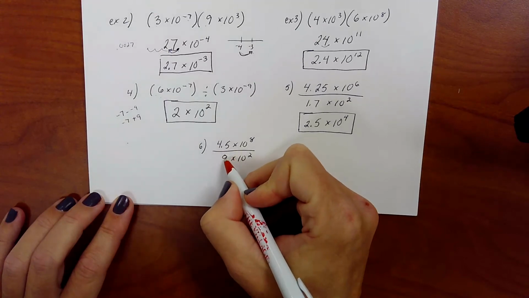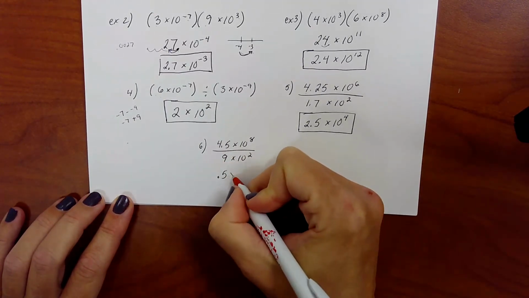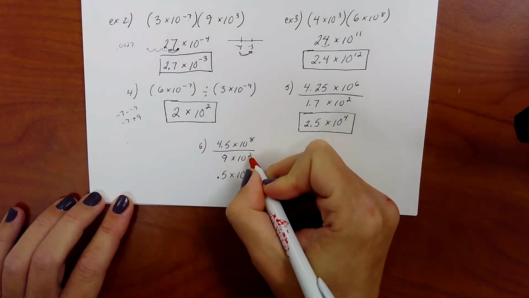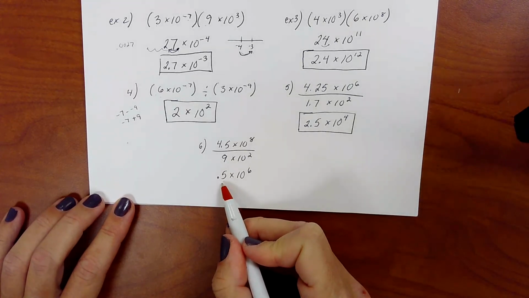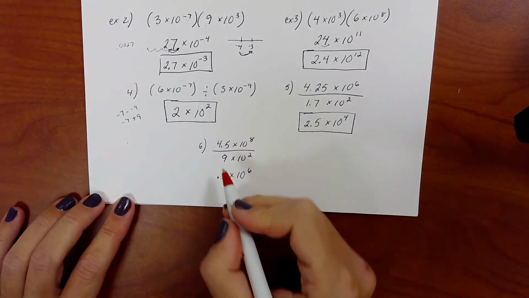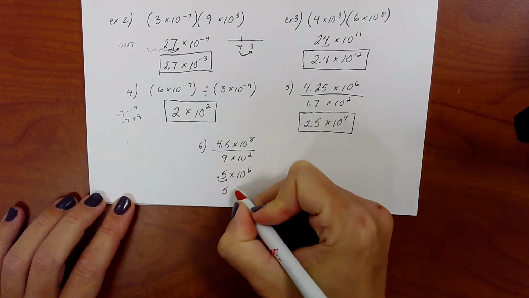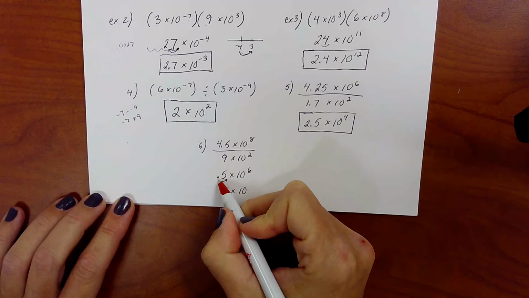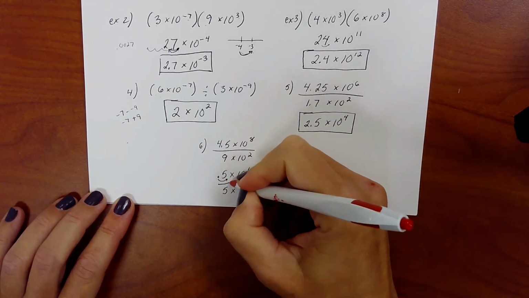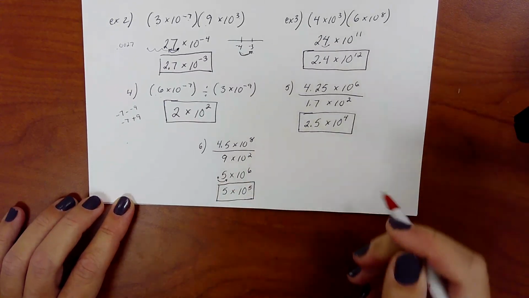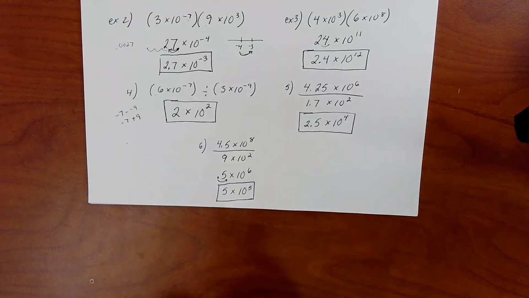So 4.5 divided by 9 is a half, right? 0.5. 10 to the 8th over 10 to the second would be 10 to the 6th. Is this in scientific notation? Actually, no, right? That's too small. I'd have to move it once to the right, so it'd be a 5. If I move the decimal once to the right, I'm going to move my exponent down 1. Keep it balanced. 5 times 10 to the 5th. All right? Okay. Good job, guys.